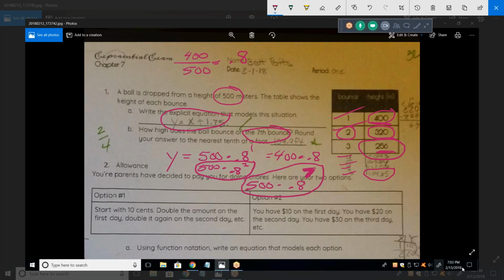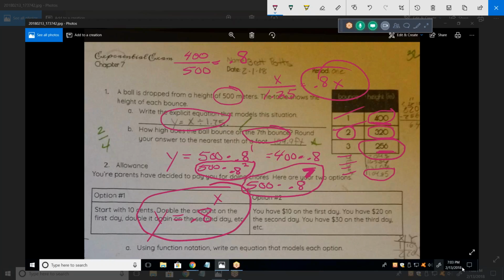Well, I think notice she did. Why she might not have taken off points, that's the same thing as 0.8 times x. It might have been better to say y equals 0.8 to the x power. That's really the equation.